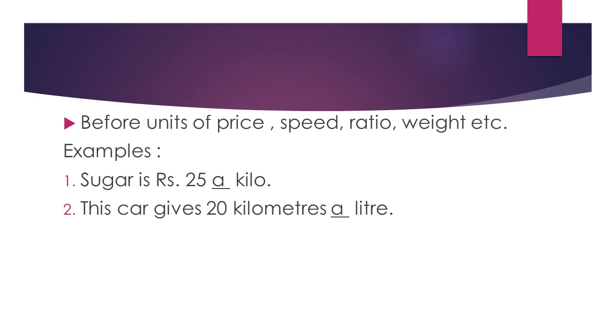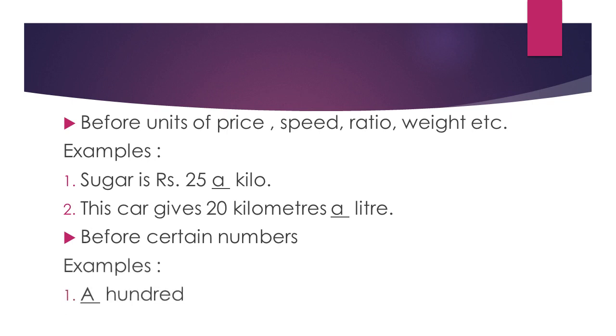Means this car runs 20 kilometers in petrol of 1 liter. Means that car needs 1 liter of petrol to run 20 kilometers. Before certain numbers. For example, a hundred, a billion, a thousand, like that.